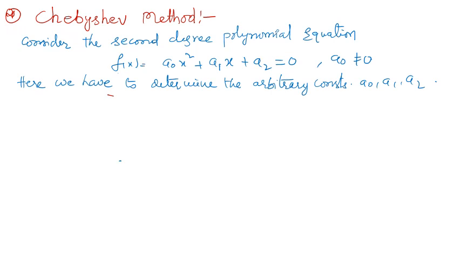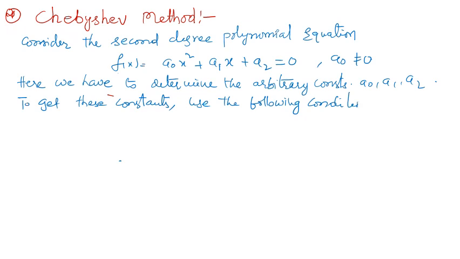Now in Chebyshev method, to get these constants, we use the following conditions. Here we are using derivative conditions.